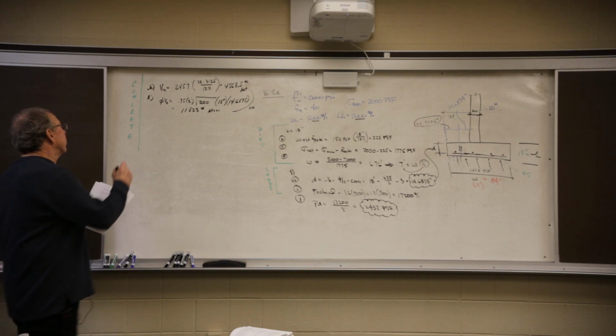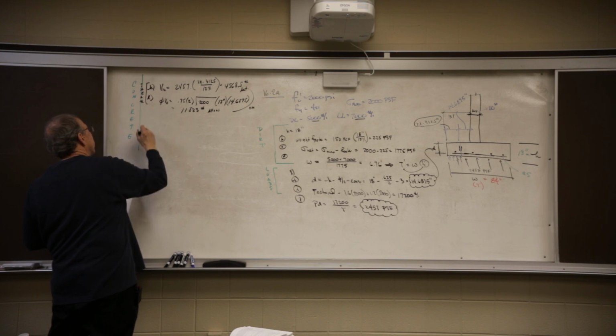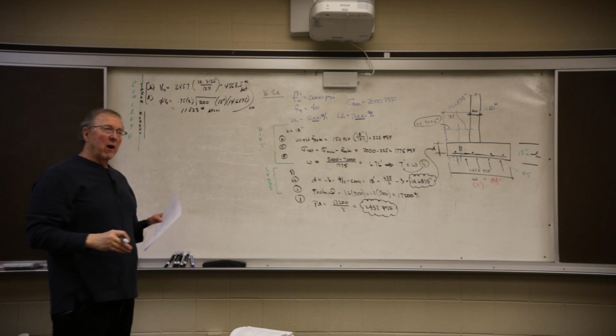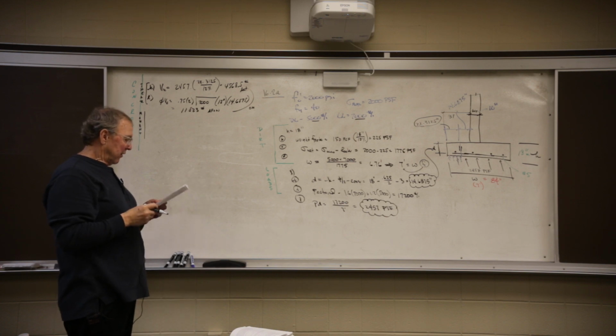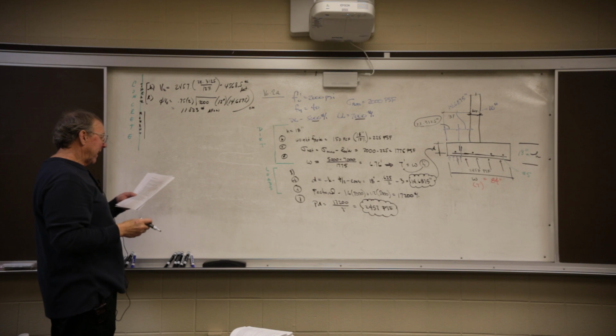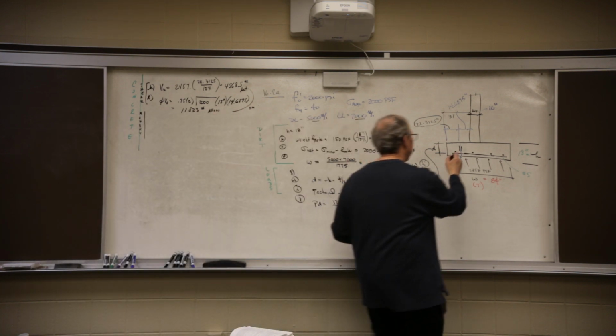So this is shear. The next is going to be moment. So we're worrying about it cracking for shear and cracking by bending. So we're on letter O now. Determine the moment about the plane of the face of the wall. So this is the shear.